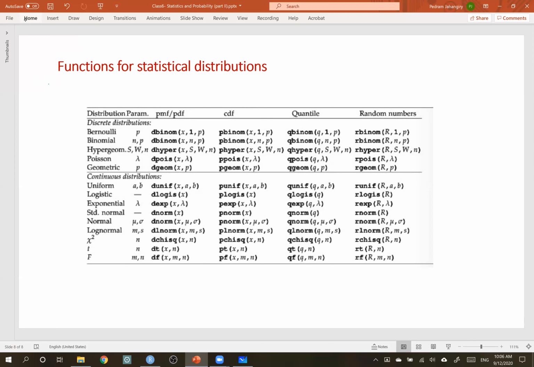All right, so what do we have on top? We have PDF or PMF. Okay, guys, I didn't talk about this PMF in the previous video, but it basically stands for probability mass function. Some textbooks use PMF, probability mass function, instead of PDF for discrete random variables.